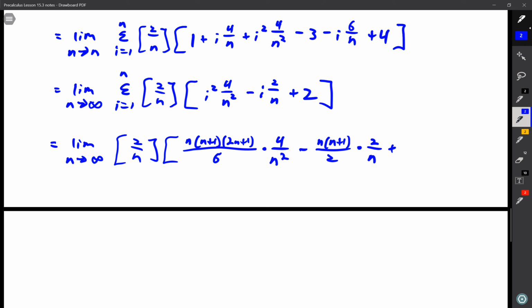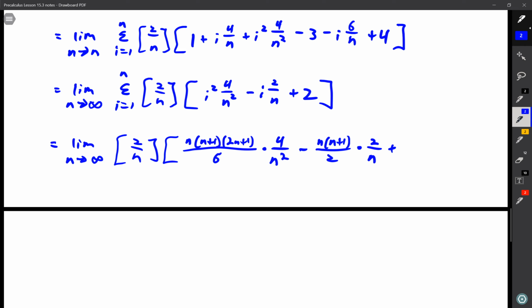So in other words, we have the sum of 2 over n times 1 squared, 4 over n squared, minus 1 times 2 over n plus 2, plus 2 over n, 2 squared, 4 over n squared minus 2 times 2 over n plus 2, plus 2 over n, 3 squared, 4 over n squared minus 3, etc., plus 2. Each time the i value ticks up 1, we add 2.